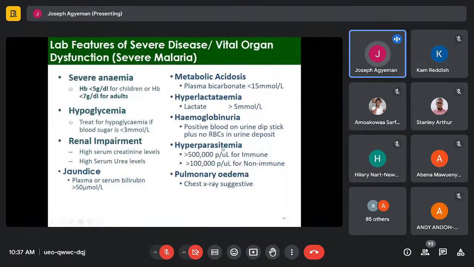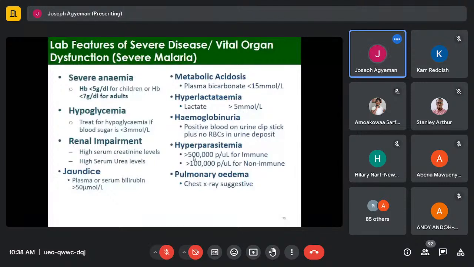Hyperparasitemia. We have different cutoff points for those who live in areas where we have malaria. We have some partial immunity, and therefore normally it will have to take as high as 500,000 parasites per microliter of blood before we get the severe type of malaria.